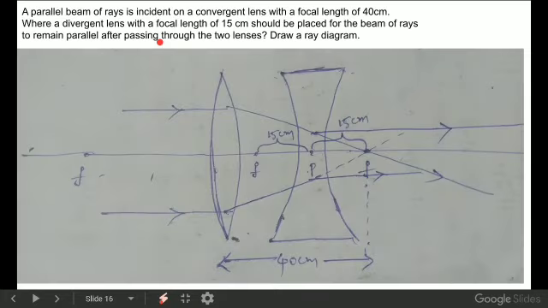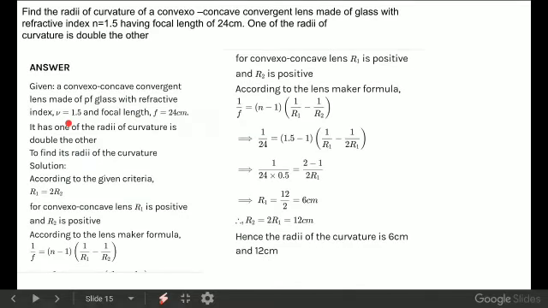So here, in order to understand this problem very clearly, see, find the radii of curvature of a convex-concave convergent lens made up of glass with refractive index n equals 1.5 and a focal length.